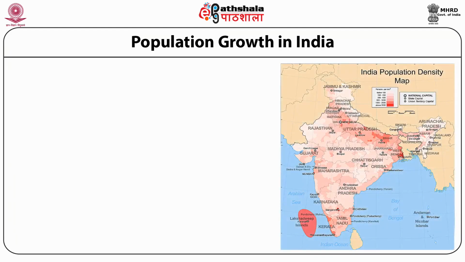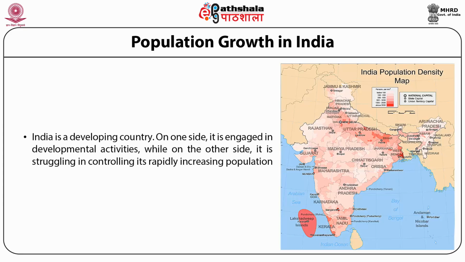Population growth in India. India is a developing country. On one side, it is engaged in developmental activities, while on the other side, it is struggling with the ways and means of controlling its rapidly increasing population.